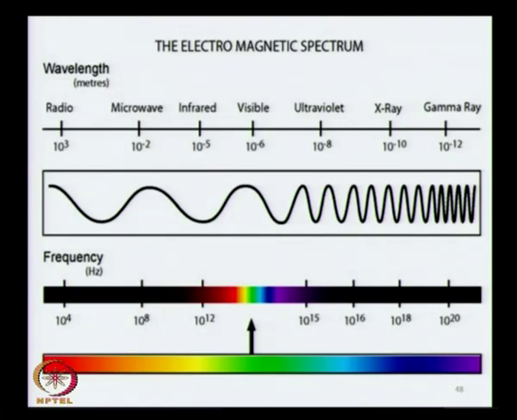You are familiar with this terminology: you have the long wavelengths, the radio waves, then the microwaves, the infrared, visible, and they become shorter and shorter, and they get into the gamma rays, and the corresponding frequencies of course go on increasing, because the product of the frequency and the wavelength is what gives you the speed of the wave, which is the speed of light.